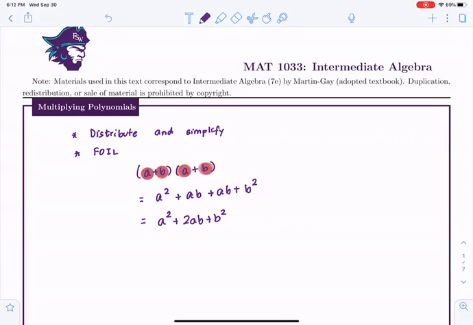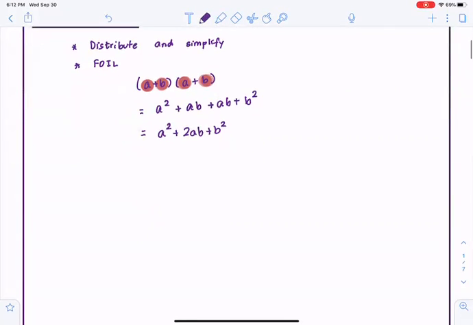The same answer can be obtained with distribution and simplification. What do I mean by that?